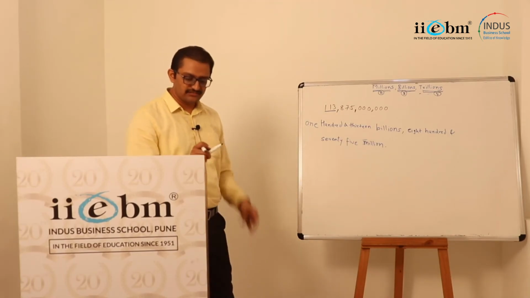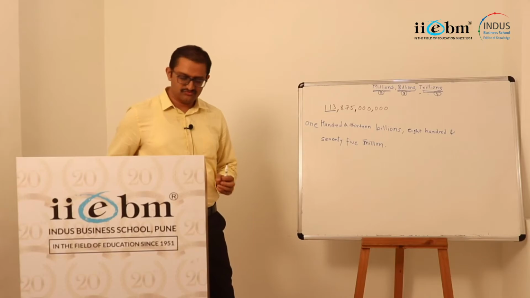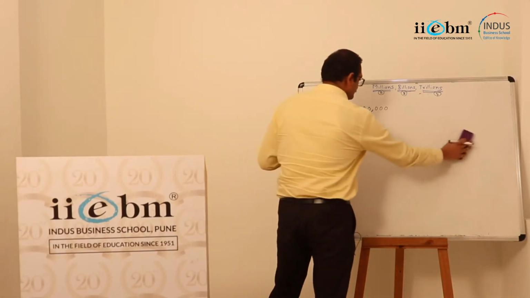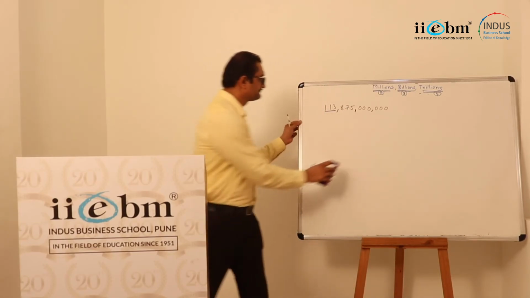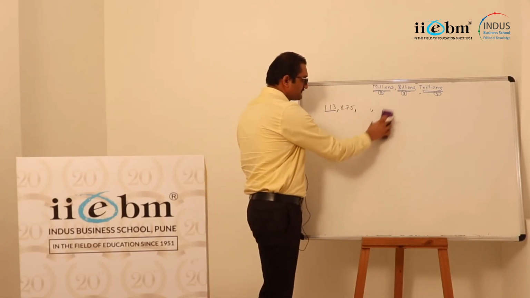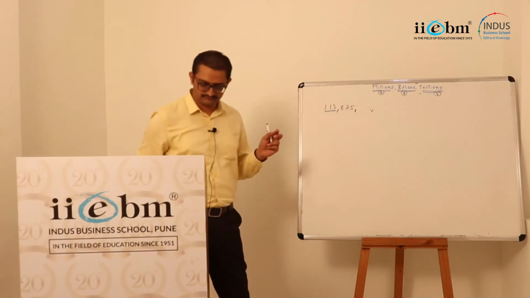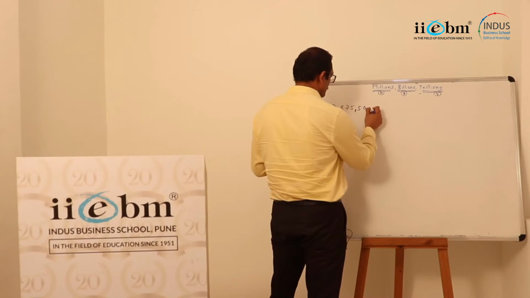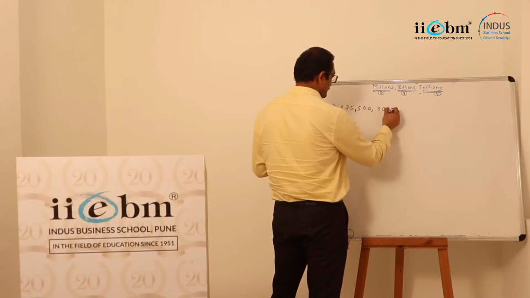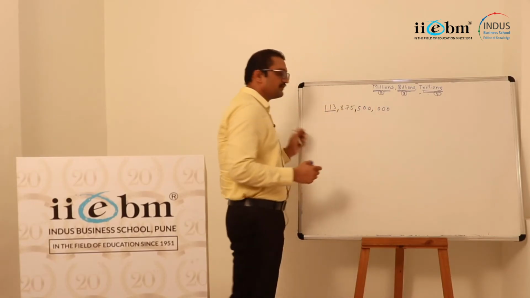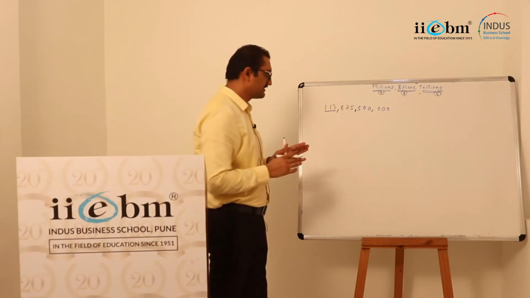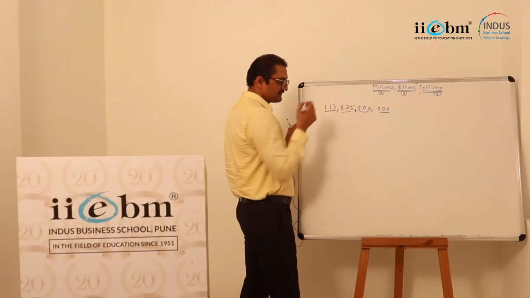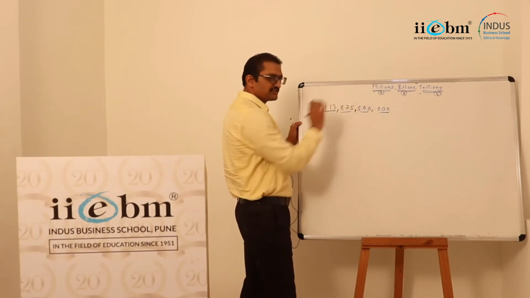Now let me tell you a trick so that we can easily understand a particular number. Let me write these as numbers. What we can understand is we have to start by first placing commas or periods in the number.